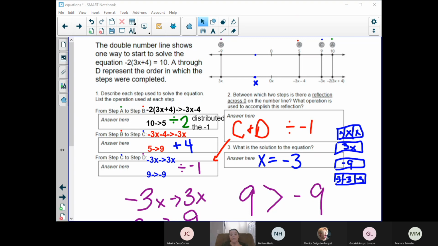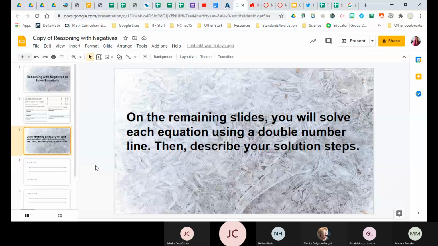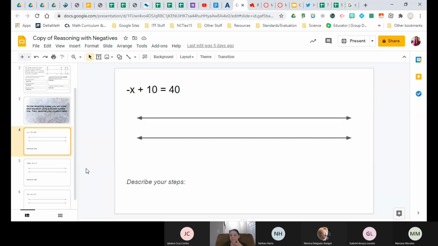So, good news. The problem we just went through is from your assignment today. So you have all the answers for one slide on the assignment. What you have to accomplish is just 3 extra problems on your own.